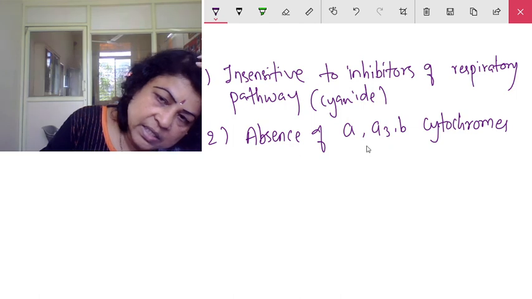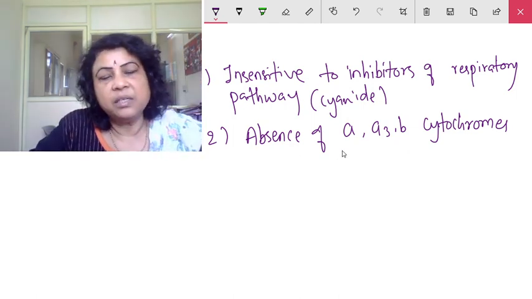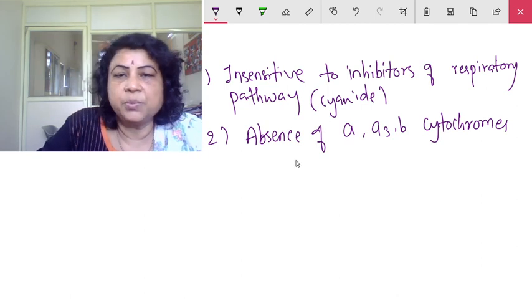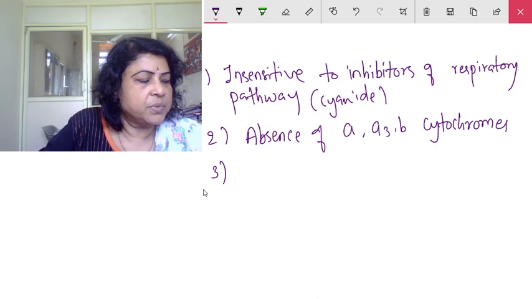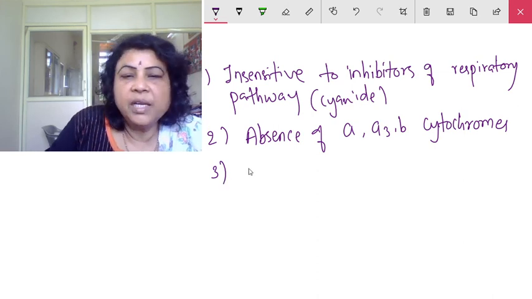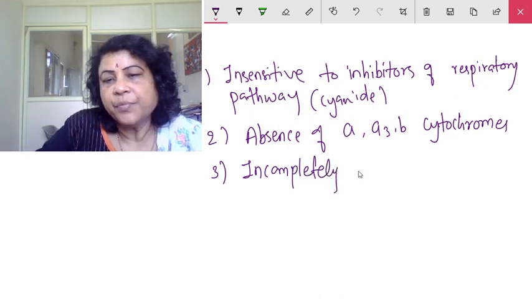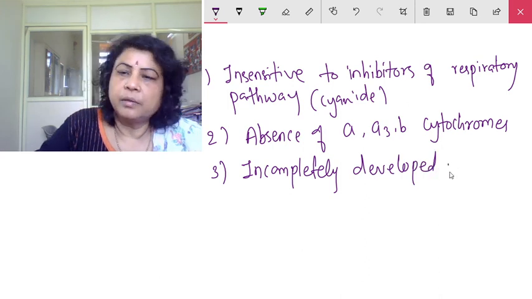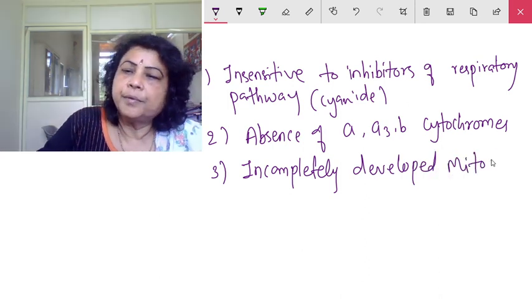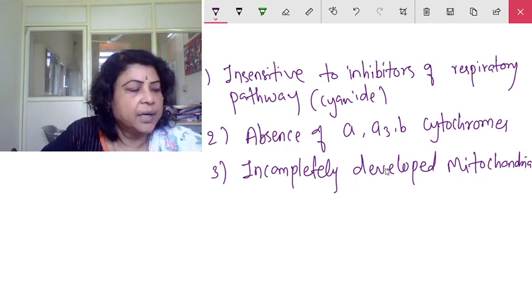So these three are absent. That means they are deficient in the aerobic respiratory pathway, and many other changes are also observed. Third, they have incompletely developed mitochondria.